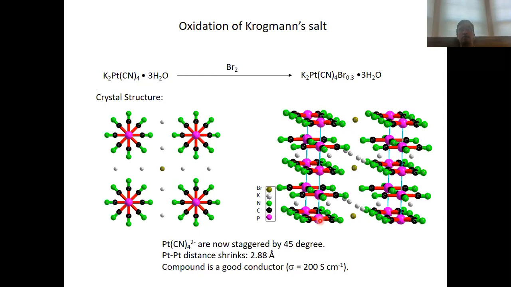So how can we explain this behavior using band theory? Let us construct the band diagram first for the non-oxidized version of the Krogmann salt, and after that for the oxidized version of the Krogmann salt, and see if we can explain this metallic behavior of the oxidized form.